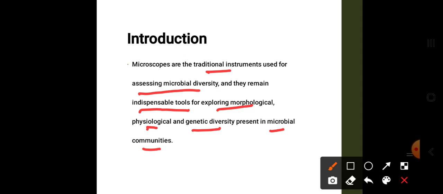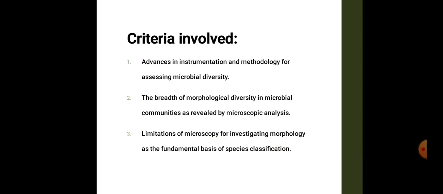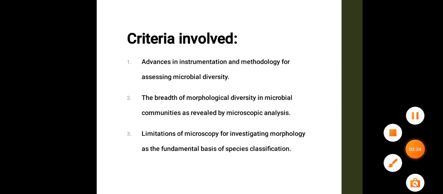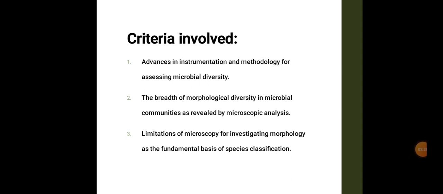The microscope is used to explore the morphological, physiological as well as genetic diversity present in microbial communities. Now, what are the criteria before using microscopes to study microbial diversity? There are five different criteria involved.